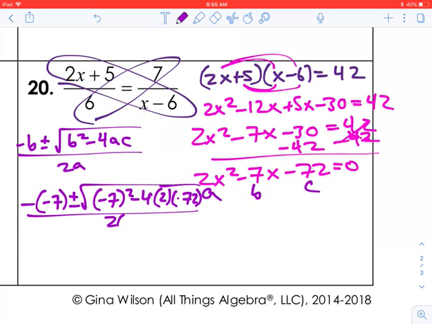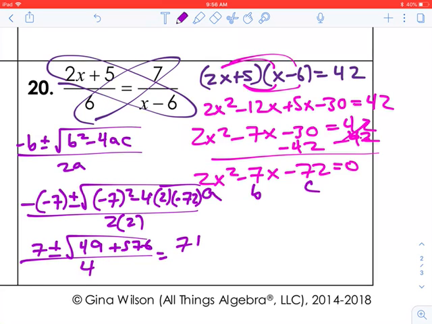All of that over 2 times a, which is 2. So that's 7 plus or minus the square root of 49, minus a negative, so plus 72 times 2 times 4, which is 576, all over 4. So 576 plus 49 is 625 in the middle.